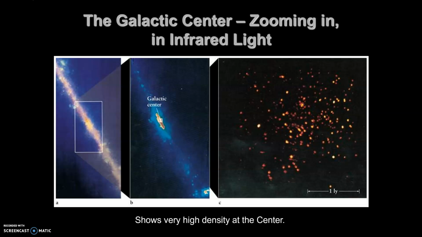If we zoom in on that galactic center, we can see there's a very, very high density at this center. Moving closer and closer to our galactic center, we can see these red dots of very, very high density at the center of our galaxy.